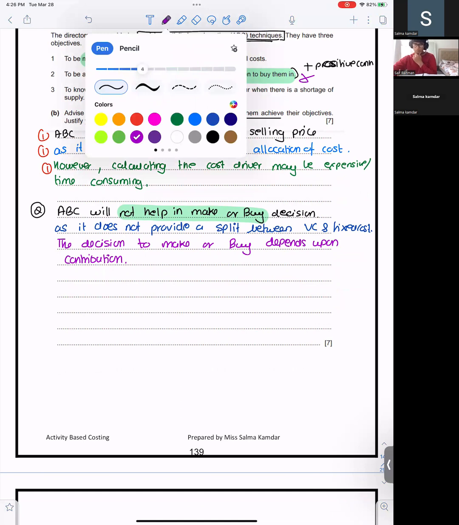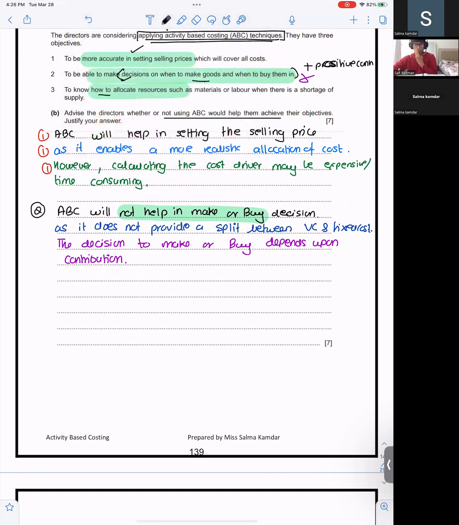Now, what is the third thing that they want? To know how to allocate resources when there is shortage. Does ABC tell you how to allocate resources when there is shortage? When there is shortage of resources, there is a limiting factor into consideration.